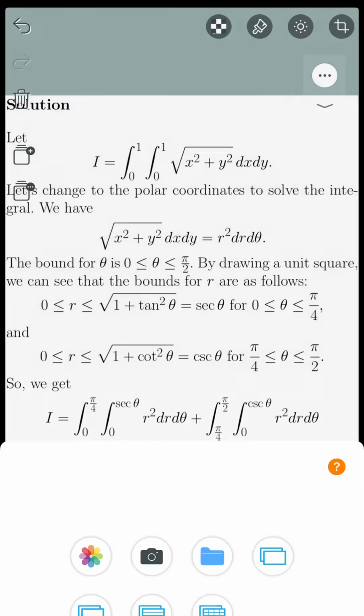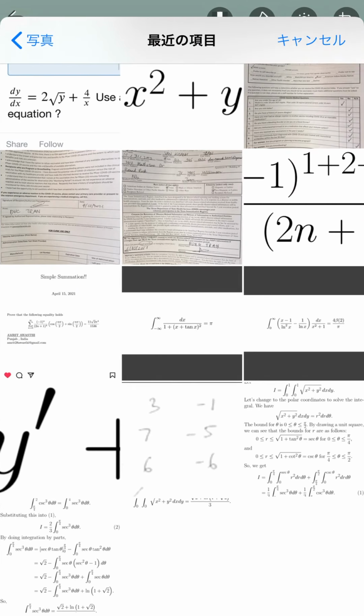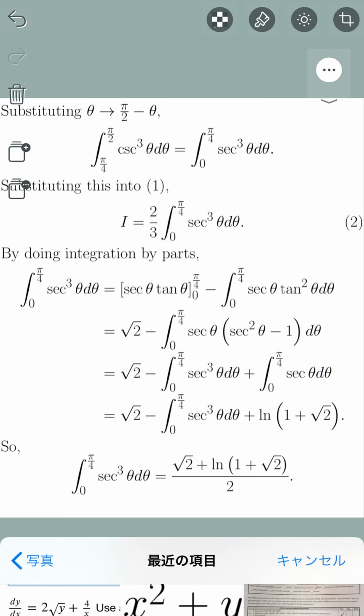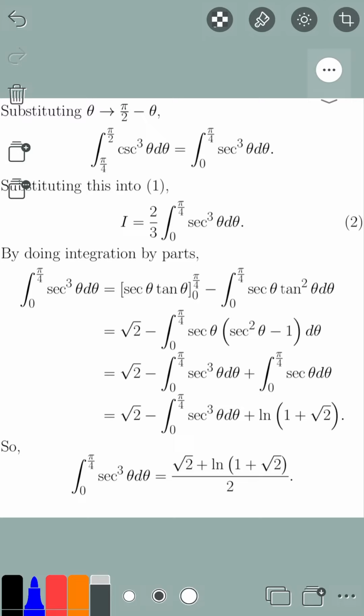So now we just need to solve these two single variable trig integrals. Substituting theta to pi over 2 minus theta, we get the integral from pi over 4 to pi over 2 of cosecant cubed theta d theta is equal to the integral from 0 to pi over 4 of secant cubed theta d theta.